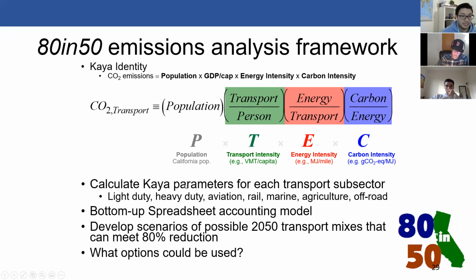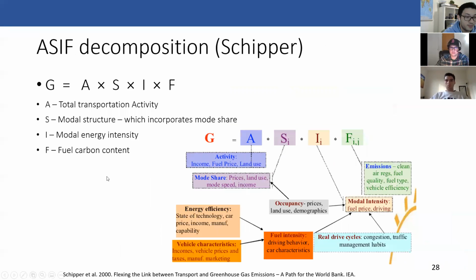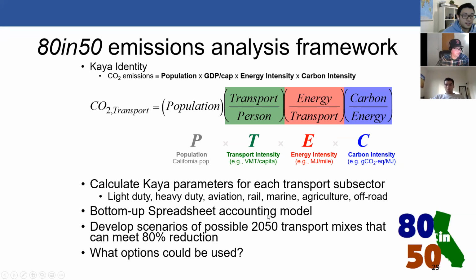I should note the report is called 80 and 50 because it's analyzing the AB32 scenario of reducing California's total emissions to 80% below 1990 levels in 2050. So 80 and 50 is kind of the shortcut for this.